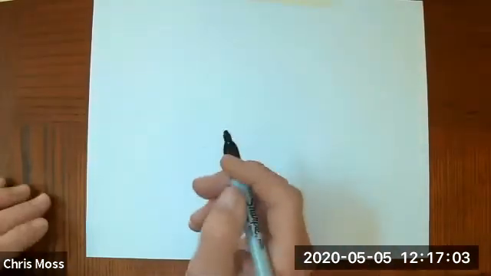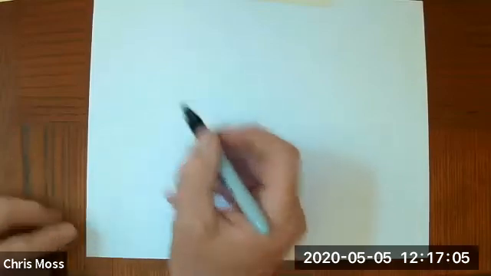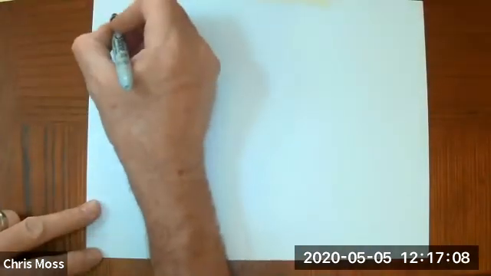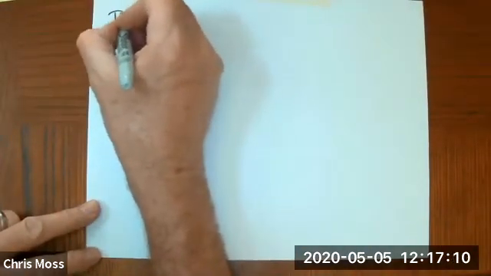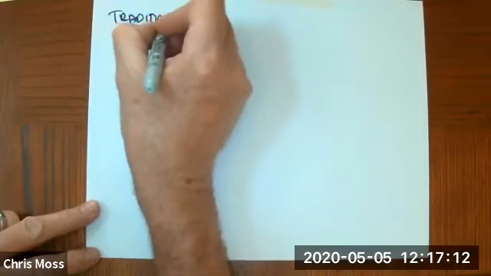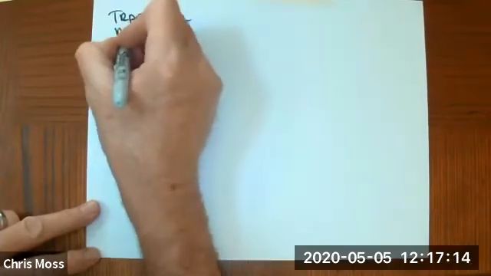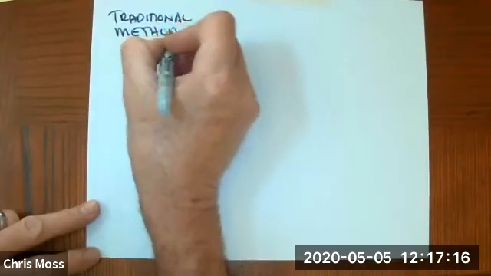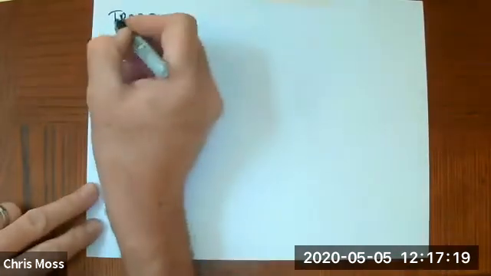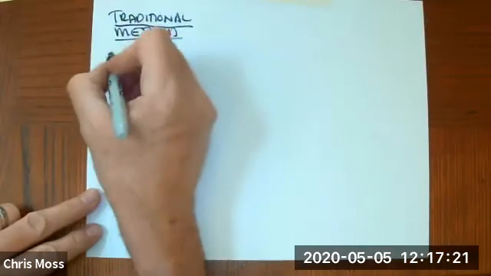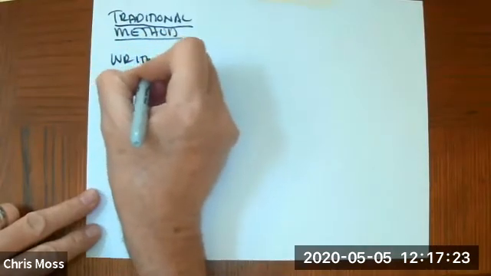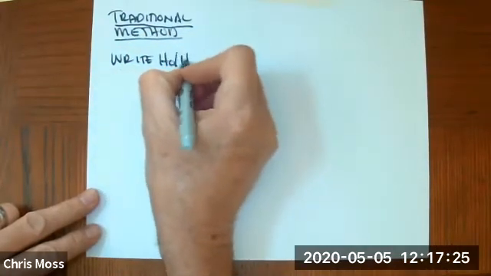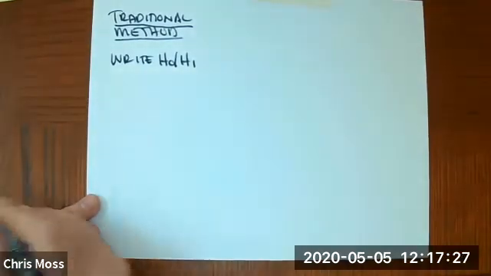Now, let me go ahead and just give you the basic recipe for each one of the approaches because there is a lot of overlap. I mean, they do answer the same question. For the traditional method, the first step is to write the null and the alternative hypothesis.